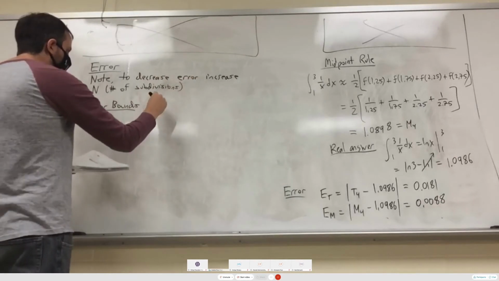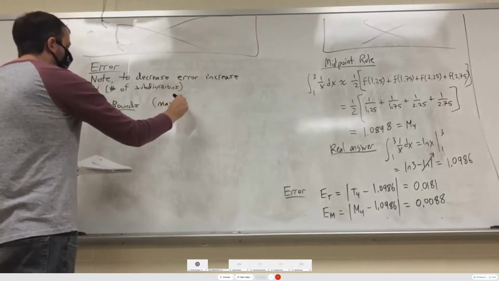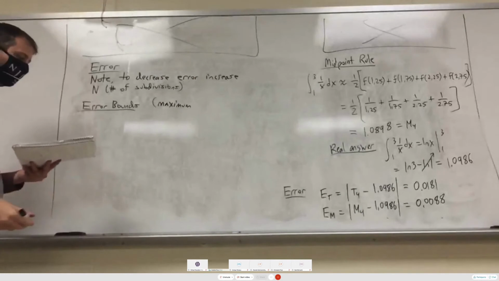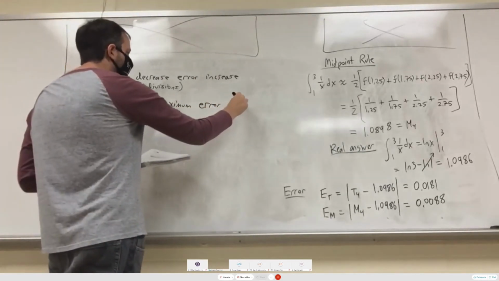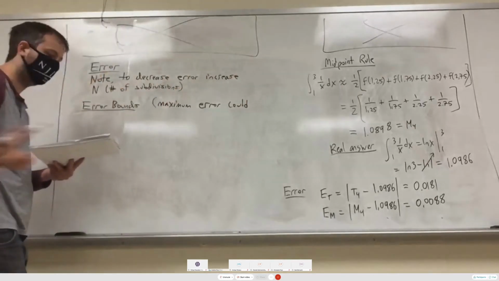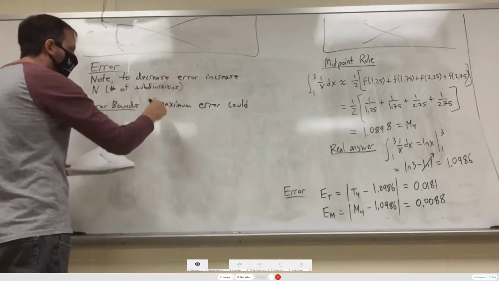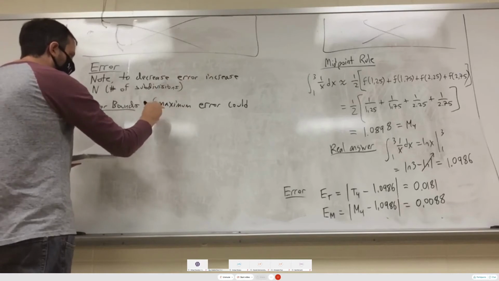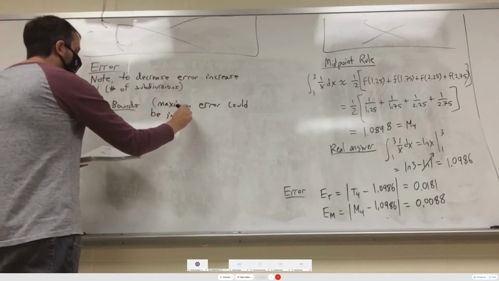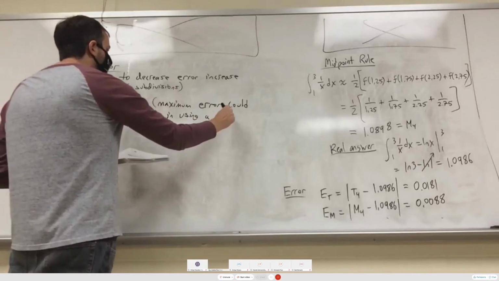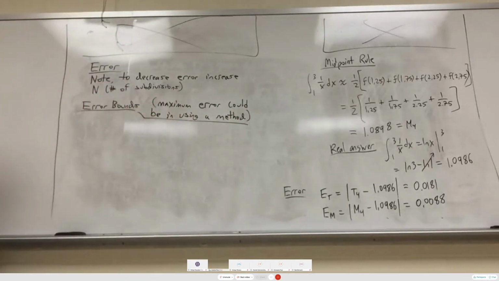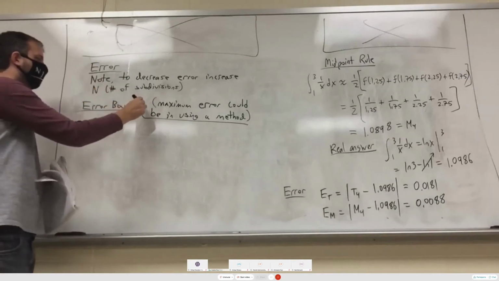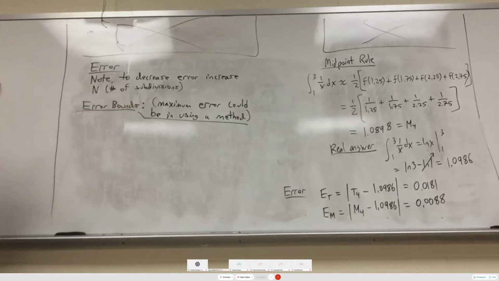In that class, they are able to prove out error bounds, which is basically the maximum that the error could possibly be using a certain method in a certain number of partitions. And they're actually really important because that allows you to say, all right, I know exactly how much error I'm making.